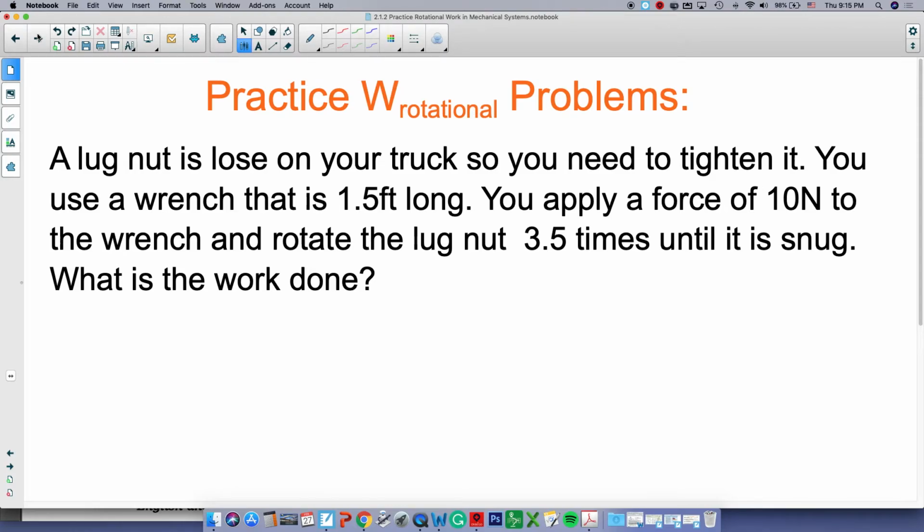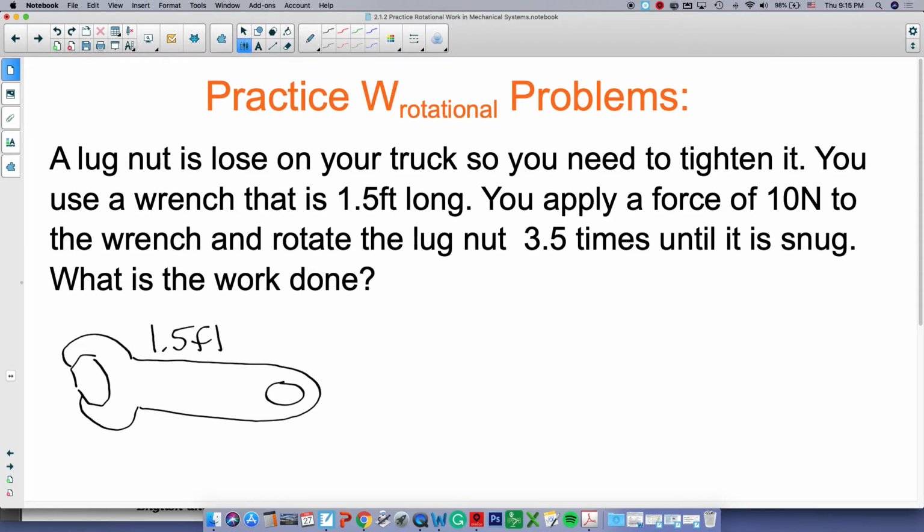So we have our lug nut here, and we have a wrench. The wrench is 1.5 feet long, and we're applying a force of 10 newtons down on the wrench, and we're going around 3.5 times until it's snug.